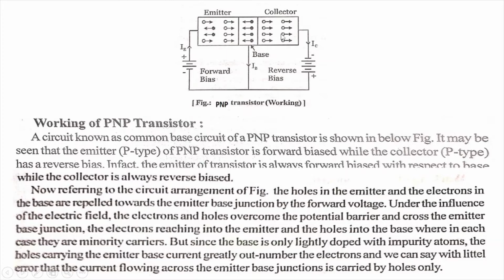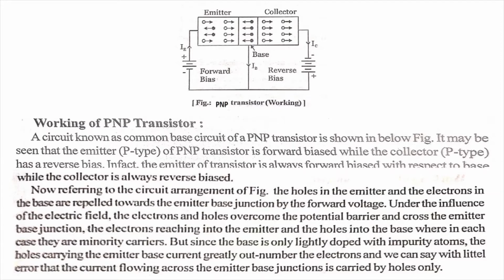Now here, how many junctions are there? Now the emitter is highly doped. Here the free charges are holes and the size is medium in the emitter.